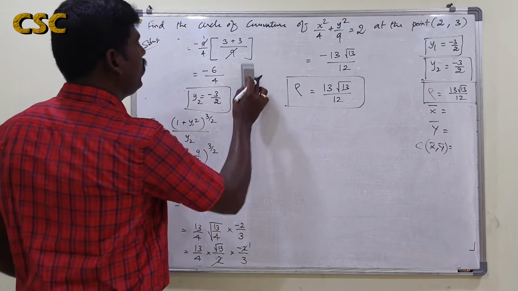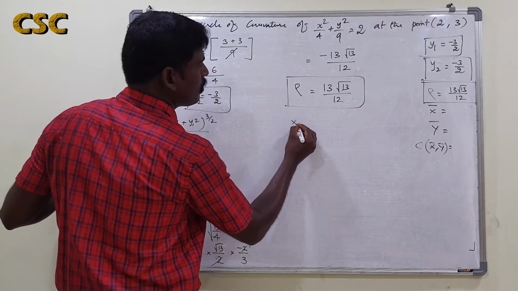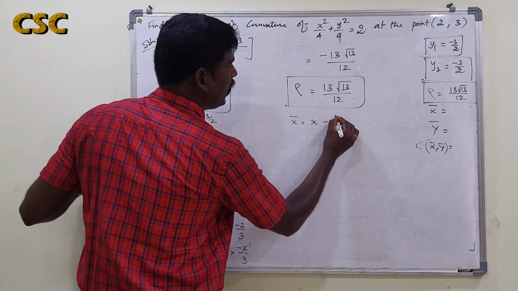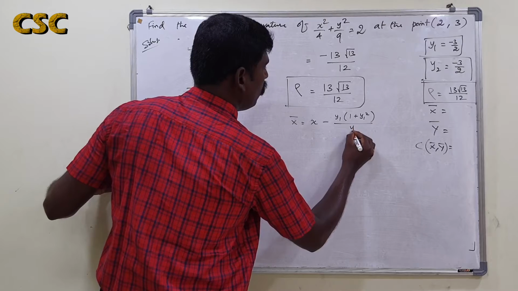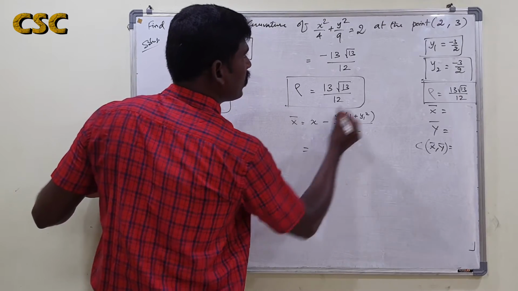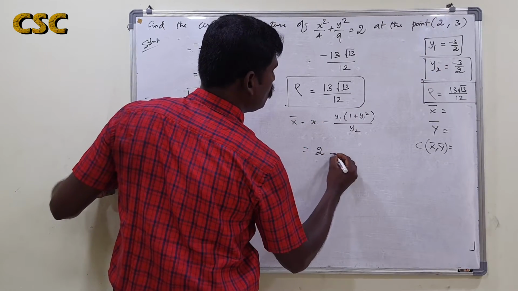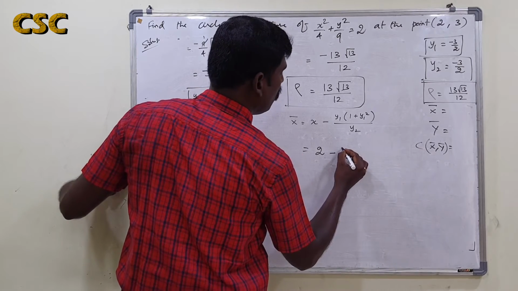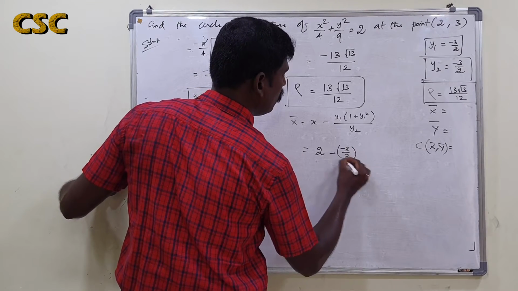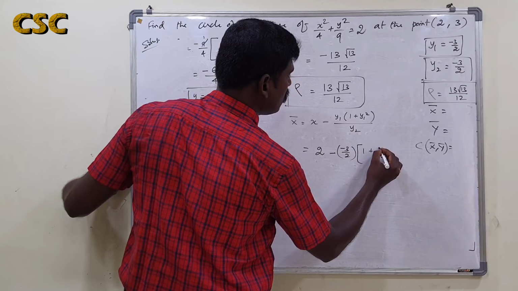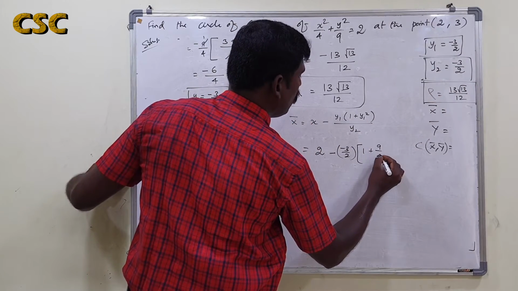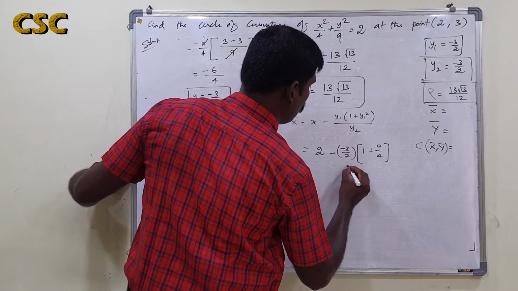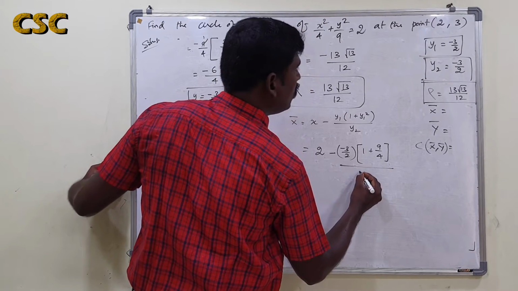Then we go for finding x bar and y bar. What is x bar? x minus y1 into 1 plus y1 square by y2. The value of x at the point is 2. So 2 minus, what is y1? Minus 3 by 2 into 1 plus y1 square, the square of this value becomes 9 by 4, divided by y2. What is the value of y2?